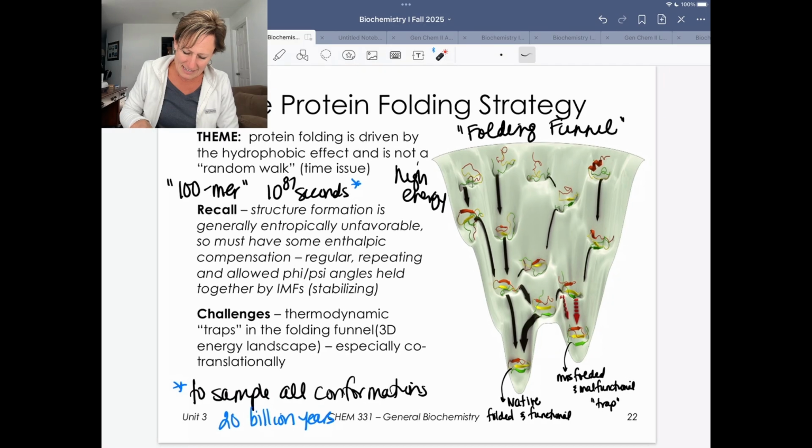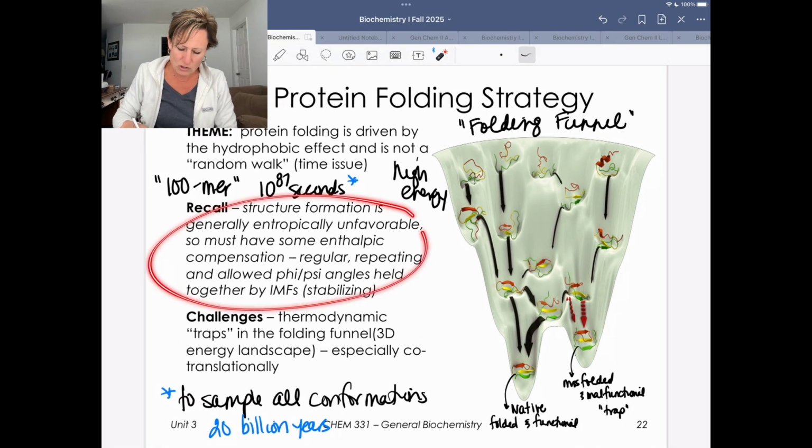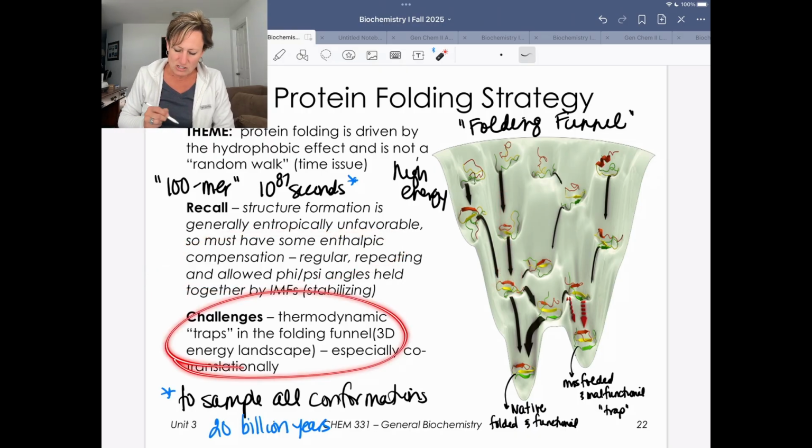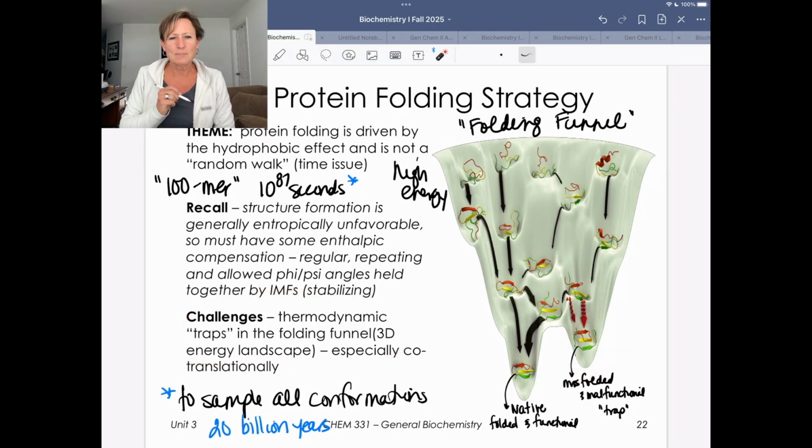So again, highlighting some of the rest of the words that we have here, right? Structure formation is entropically unfavorable, but that enthalpic compensation is what allows us to get lower in energy. But the challenge that we see here is that we have these thermodynamic traps in this folding funnel, right? This is a low energy species, but it's gone down the wrong path, down a rabbit hole that it wasn't supposed to.